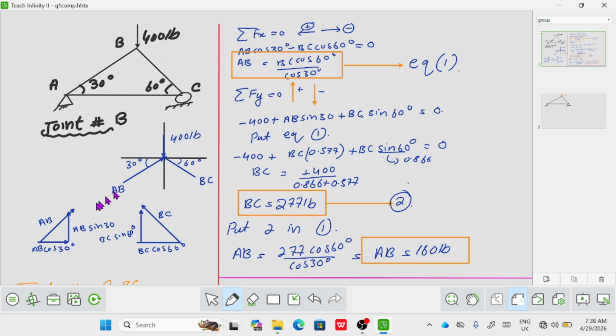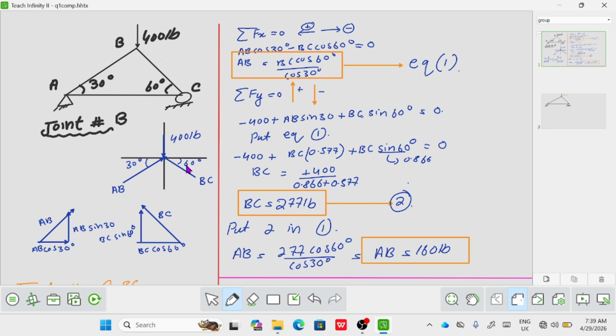on point B. If I resolve AB into its components, AB cos theta is its horizontal component and AB sin theta is its vertical component. If I resolve BC into its components, if this angle is with the y-axis, then it will be BC sin of 60 and BC cos of 60, but it will be opposite of this.